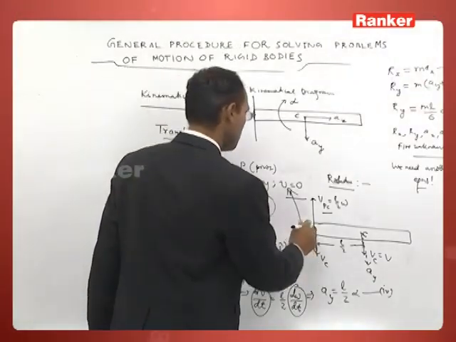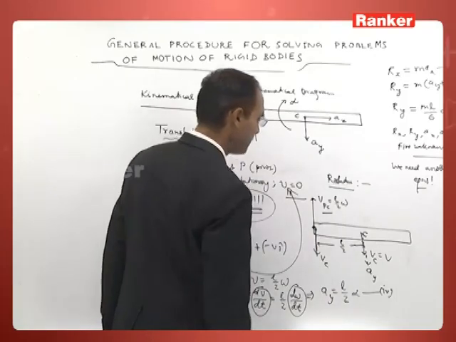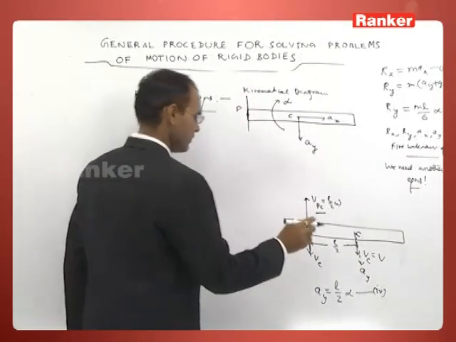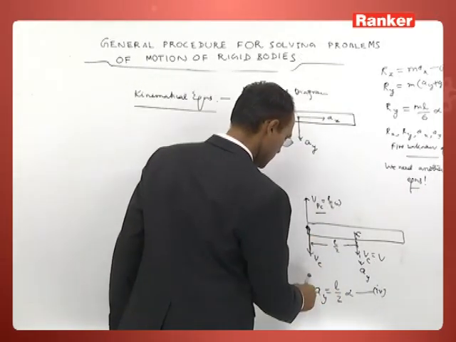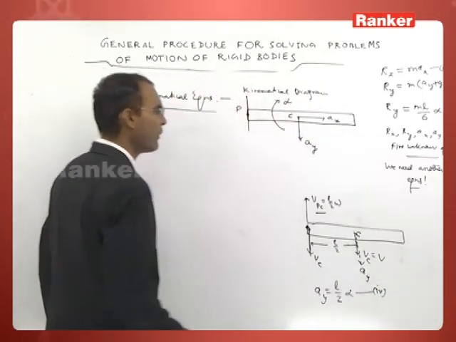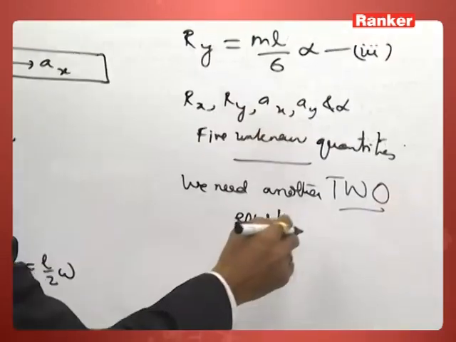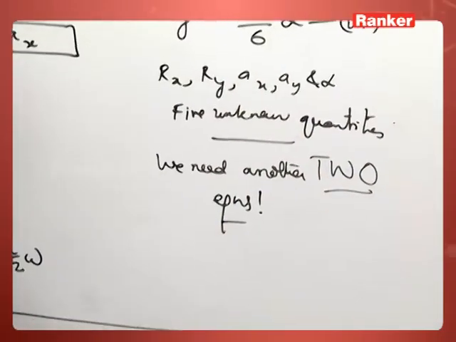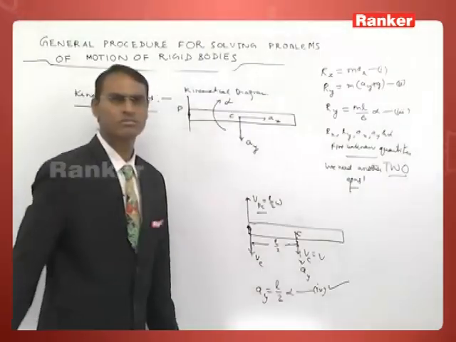Now let us try to build the fifth equation. So you can document this equation as the fourth equation. We need how many equations? Two equations more. One equation already we have got.